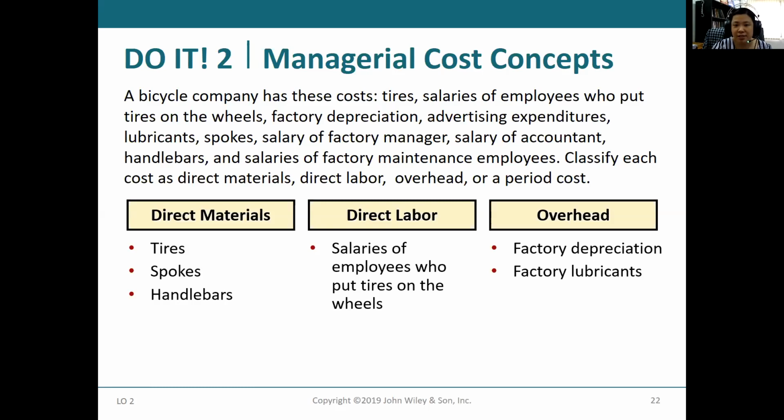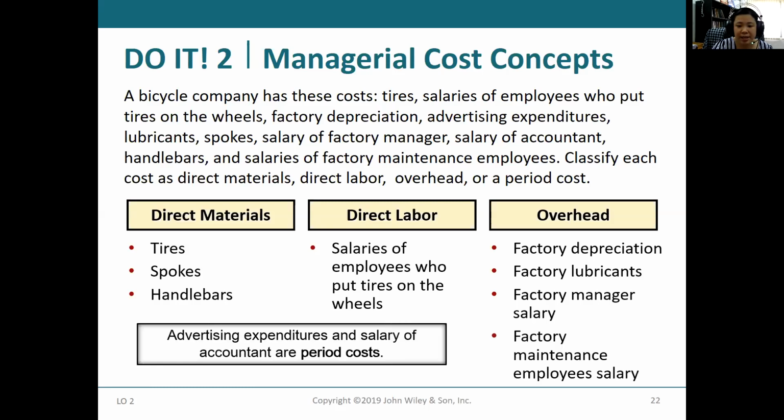Okay, so we call it indirect material, and it is under manufacturing overhead. And then we have factory manager salary. This is related to the factory, so it should be under manufacturing overhead. And we have factory maintenance employee salary.